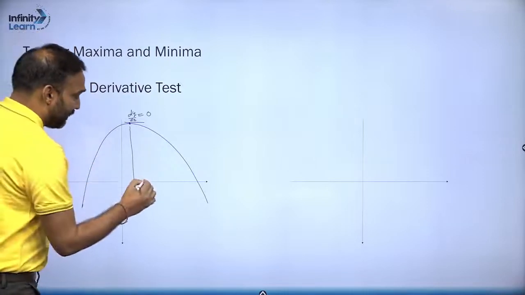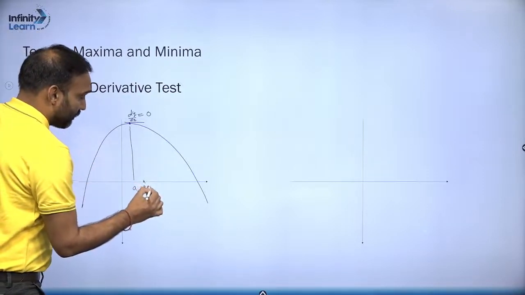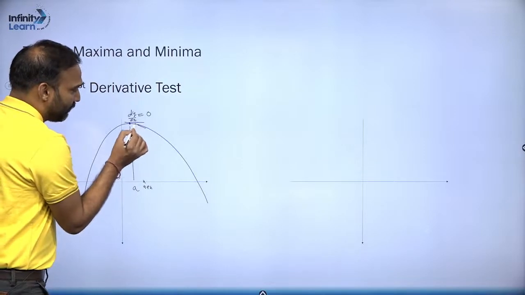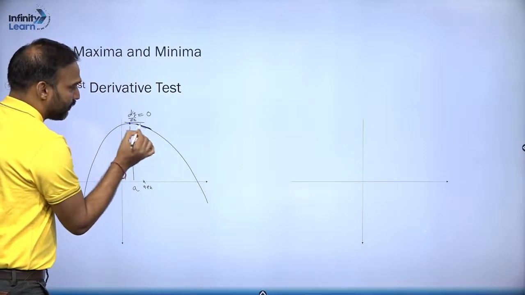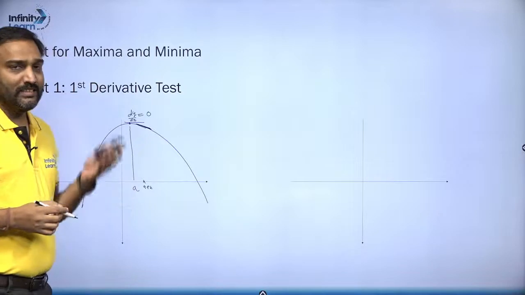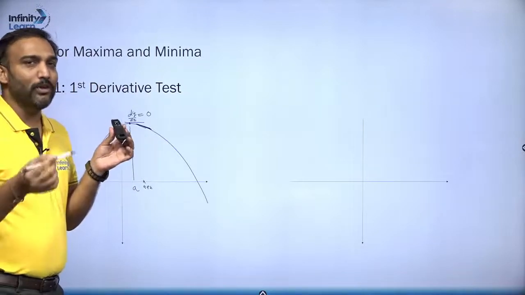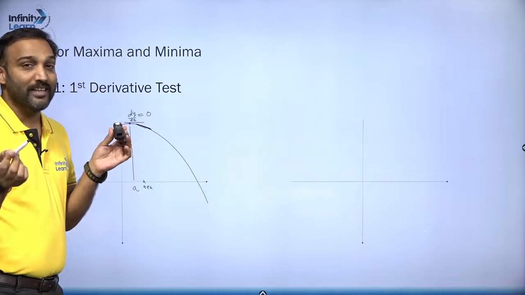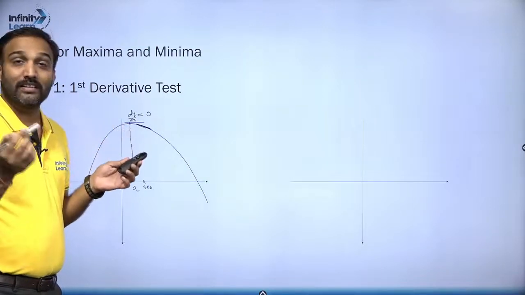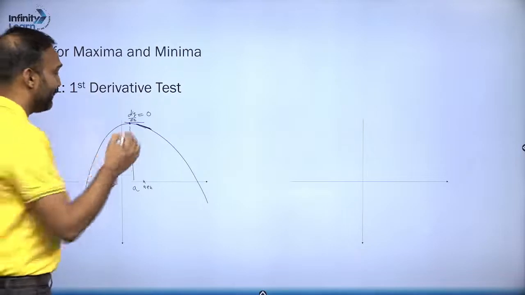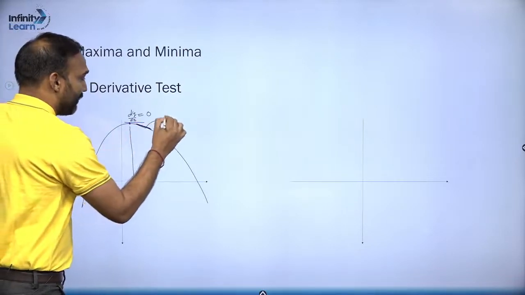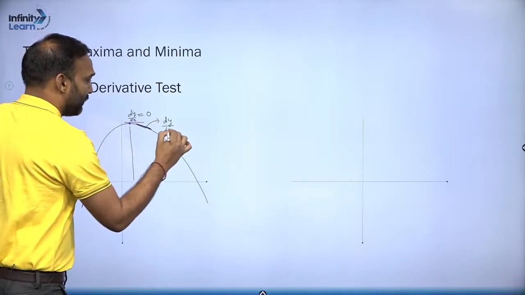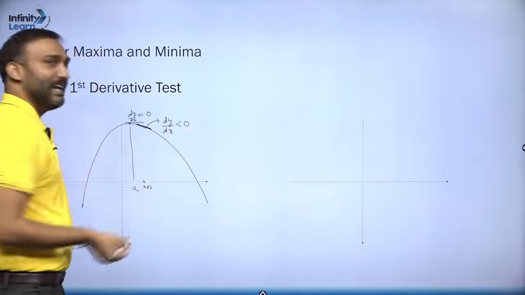If I take a plus h, the tangent would be like this. Now if you observe, the line is making an obtuse angle with the x-axis. Obtuse angle means the slope, given by tan theta, is negative, since if theta is obtuse, tan theta is negative. And slope is nothing but dy by dx. You guys are with me, right? So dy by dx would be negative over here.